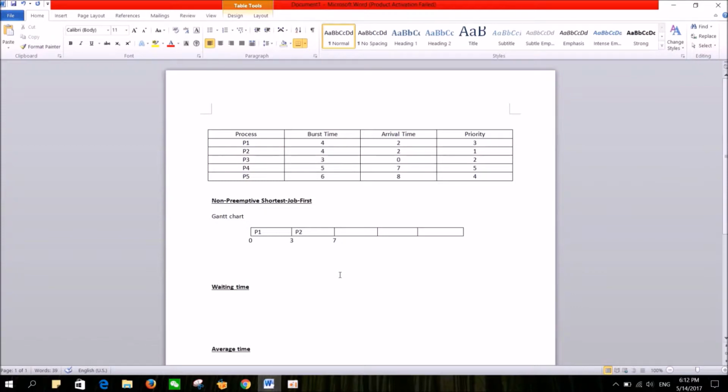So P1 will execute with 4 ms. After P1 is executed, the next process will be P4, and the last process to be executed will be P5. P4 will execute with 5 ms. And the last one is P5.